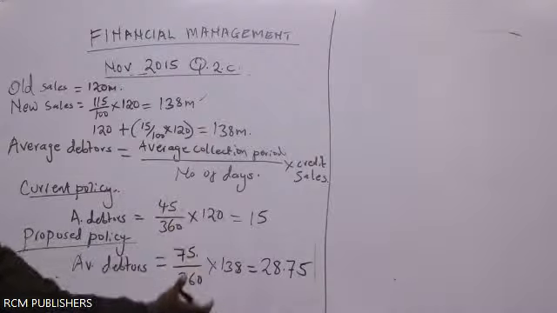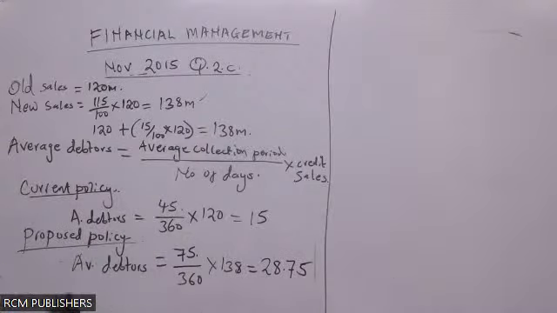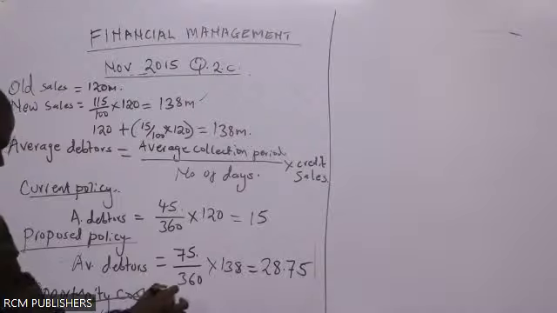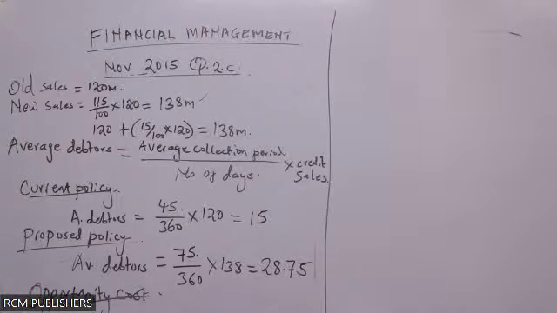Between the two, ni gani sasa tutaacha tuchukue moja? Opportunity cost. What is our opportunity cost? Tuache moja, tuchukue hiyo ingine. So the opportunity cost for the current policy, itakuwa ngapi?